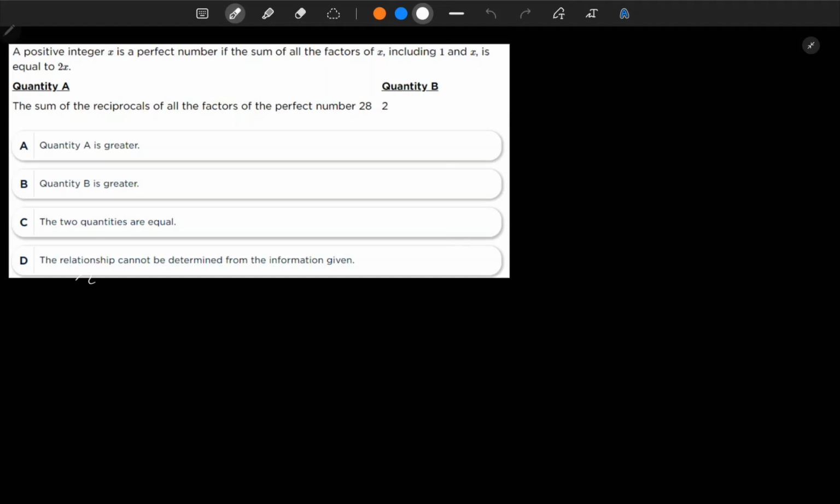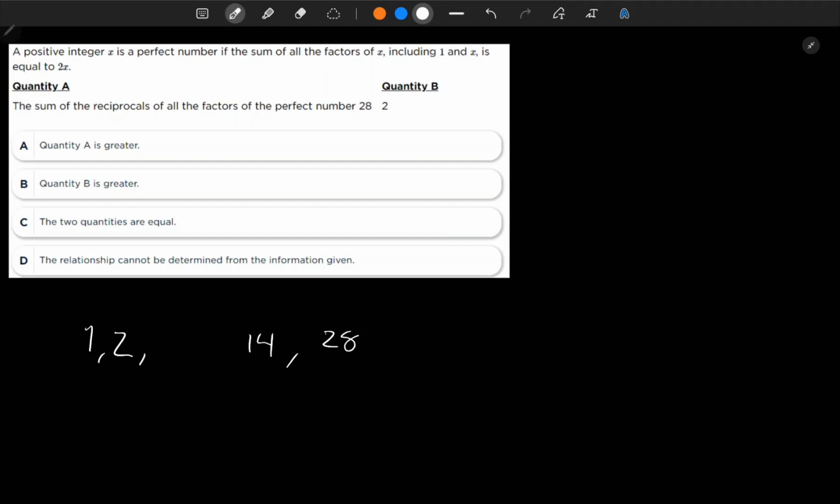So we know that 1 is a factor of 28, and moreover, we multiply 1 by 28 to get 28. So that means 28 itself is also a factor of 28. Then, since 28 is even, 2 is also a factor of 28. And 2 times 14 is 28, so 14 is also a factor of 28.